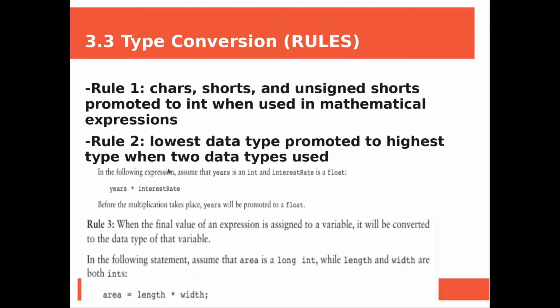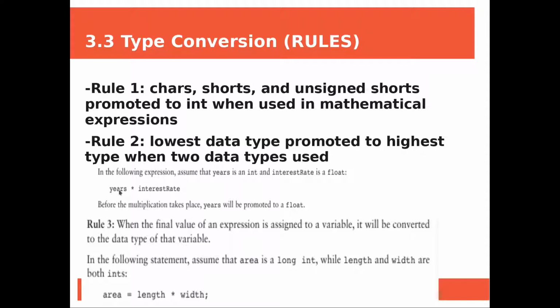And that means that if we have, in this case, years, which is an integer, and interest rate, which is a float, before we multiply, years will be converted to a decimal number.